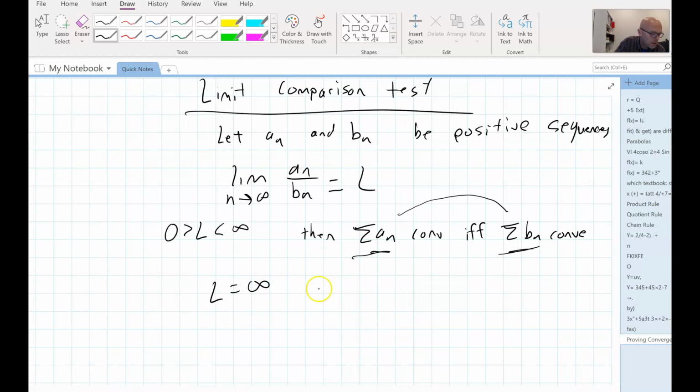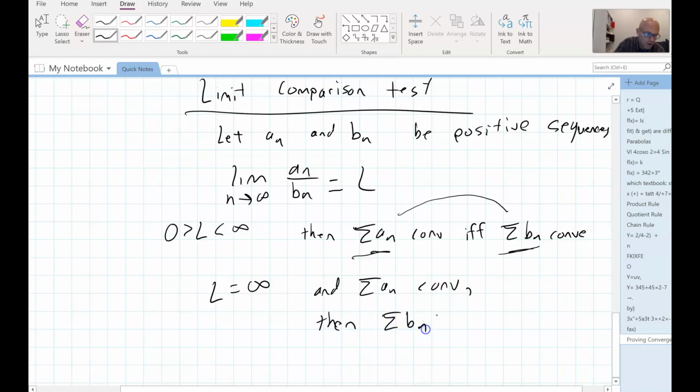If L is equal to infinity and a sub n, notice that's the top sequence, the series associated with the top sequence converges, then we can conclude that the lower one converges.